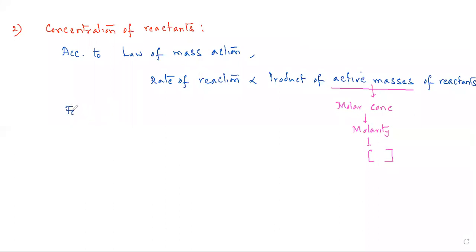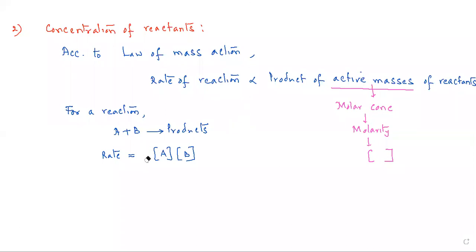So for a reaction A plus B gives rise to products, if the rate expression is written, it can be written as rate is equal to K into concentration of A into concentration of B, isn't it?